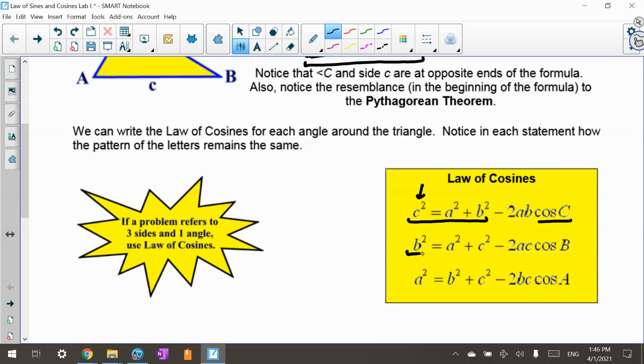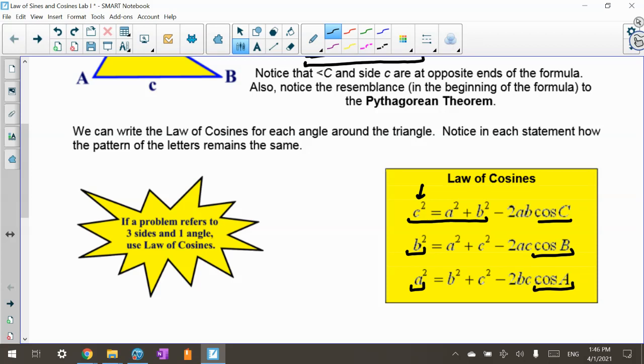If I'm looking for b squared, it's the other 2 sides squared, a squared plus c squared, minus 2ac, cosine of the angle opposite that side. If I'm looking for a squared, get the pattern? It's the other 2 sides squared minus 2, repeat the sides, cosine of the angle opposite that side. So that's how the law of cosines works. This is just a pattern, and it's always the same.